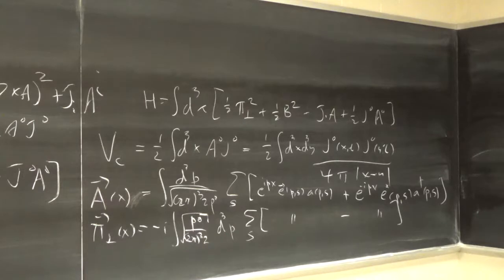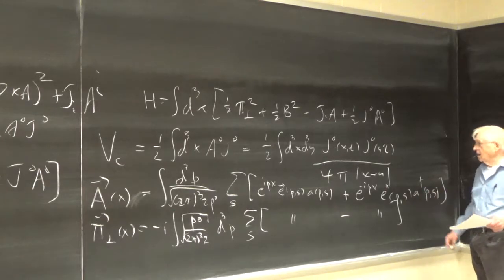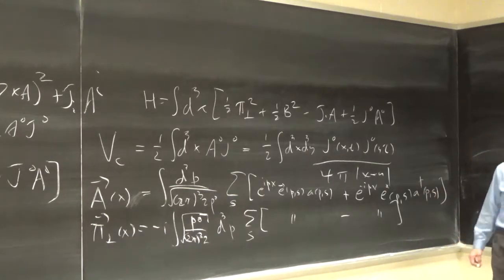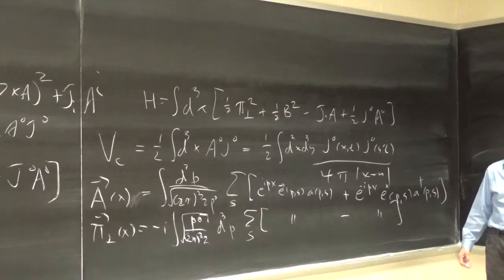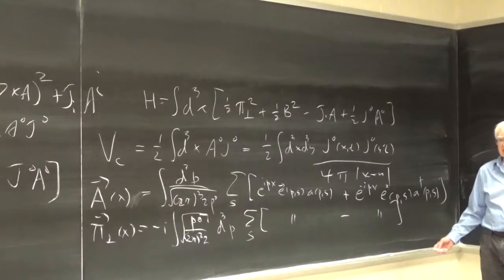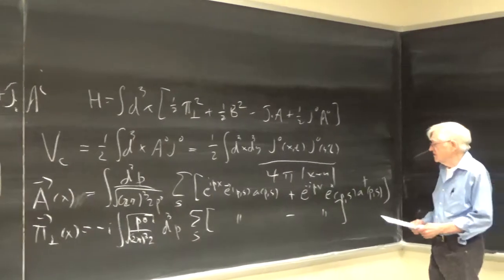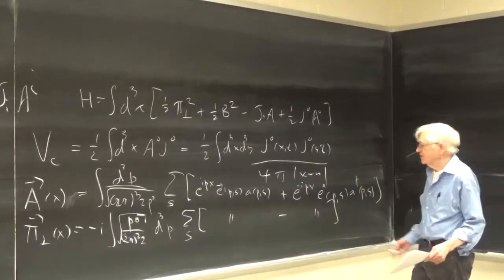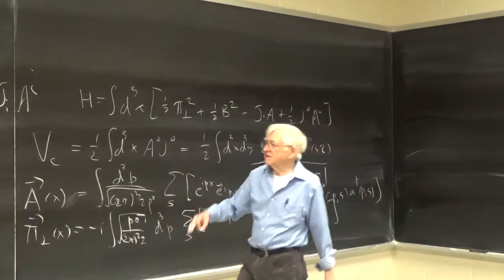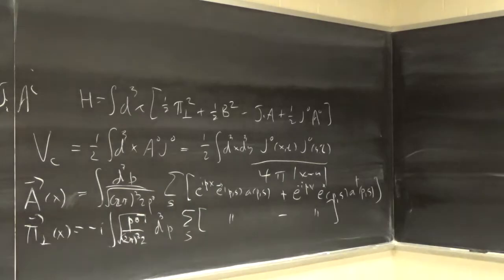Right. And the annihilation and creation operators have the usual properties, delta cubed of p minus q, delta s s prime. And these operators automatically give you the transverse delta function as the commutator of A with pi.